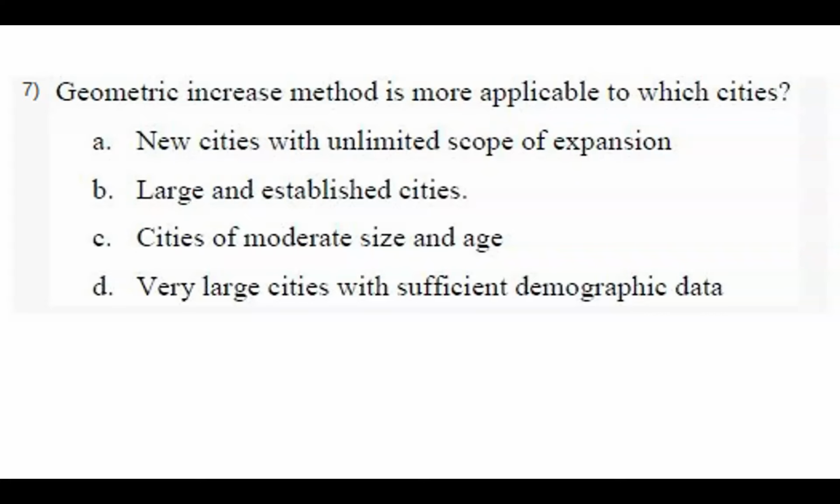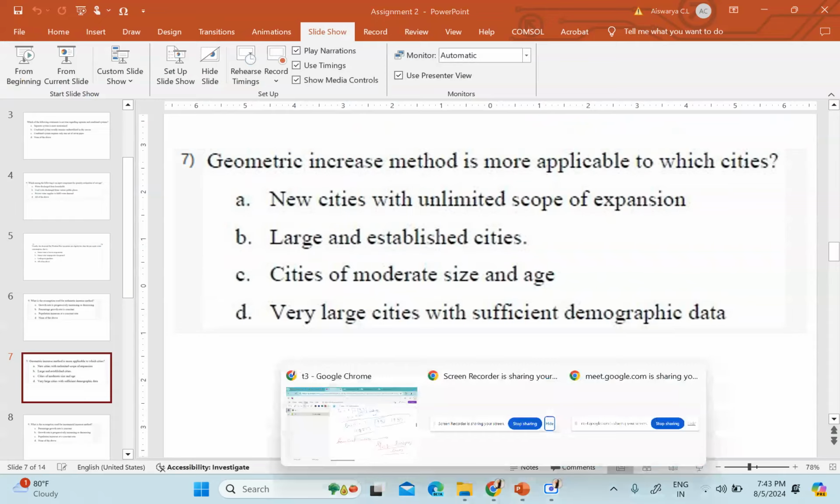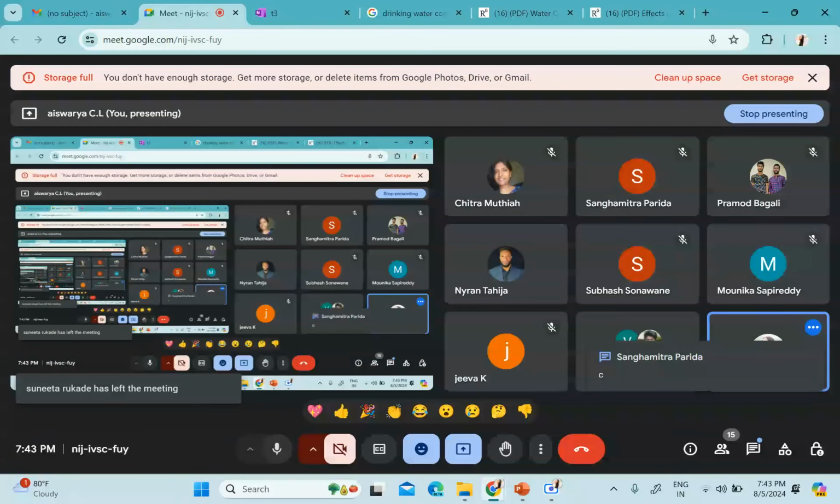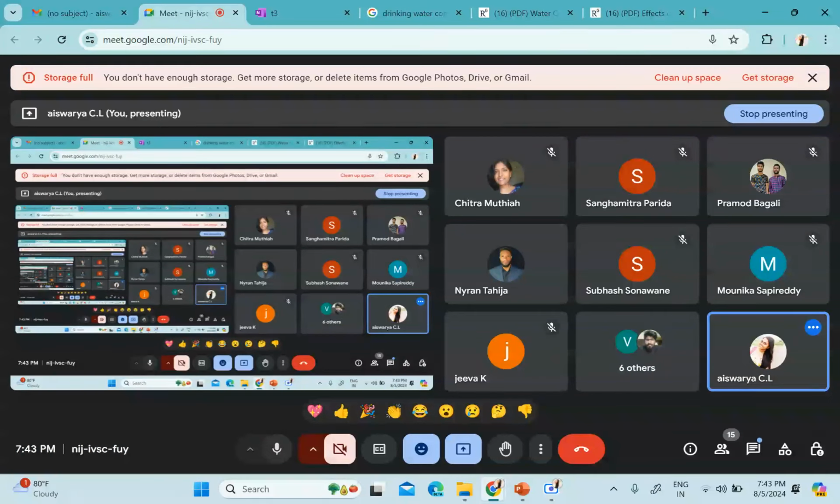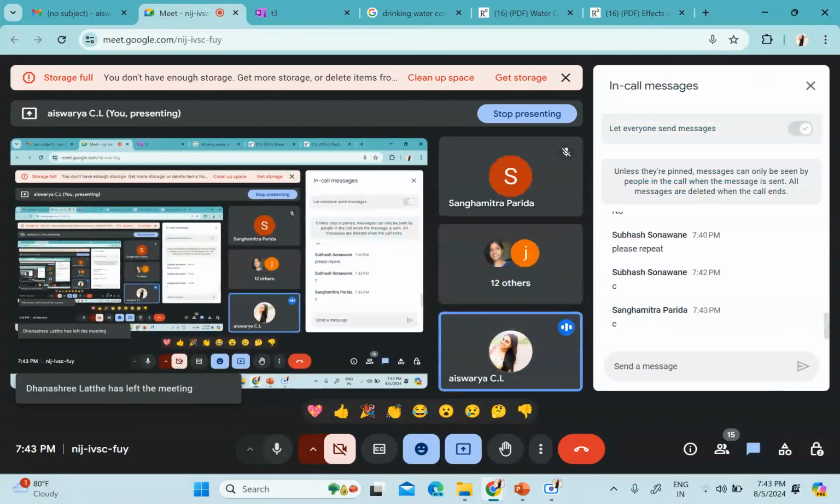Geometric increment method is more applicable to which cities? Anyone? Who has noted an option?